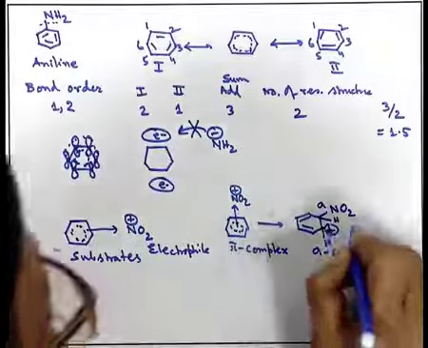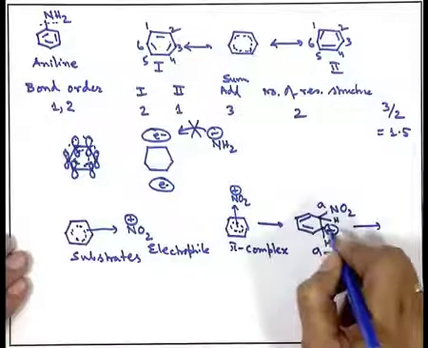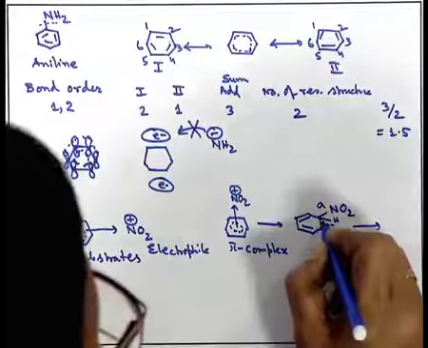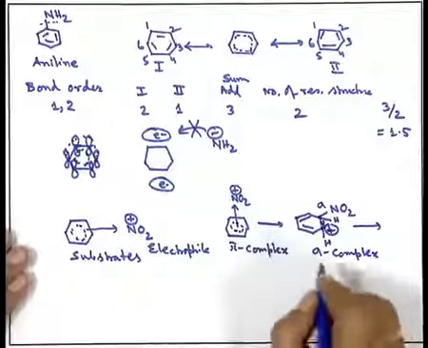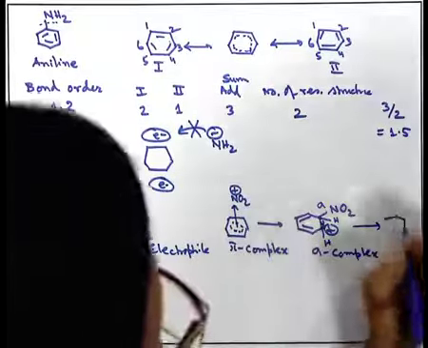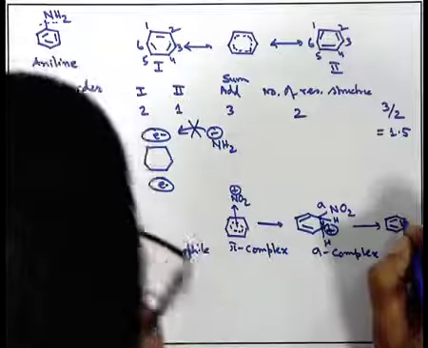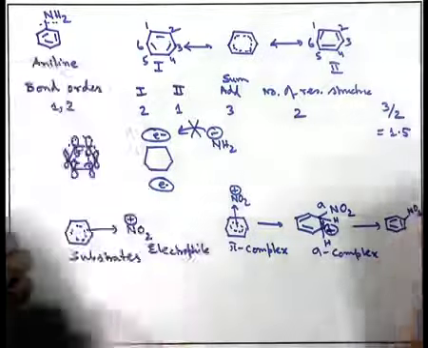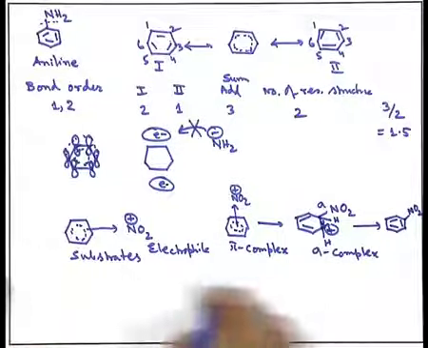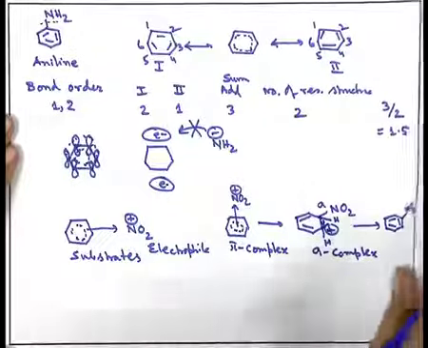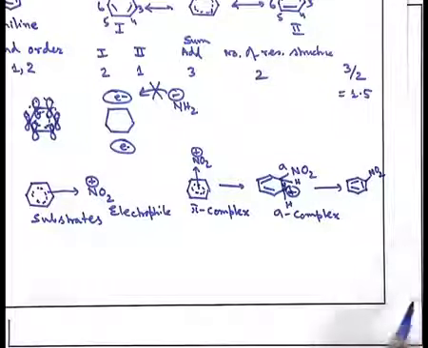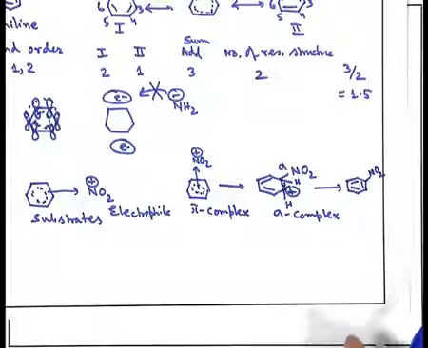Then what happens? The hydrogen atom is being donated to regain the aromaticity. So, the benzene ring is now gaining its aromaticity and the nitro group is directly attached. So, what we see from this figure is that if I treat benzene with NO2 plus, I will get a pi complex where the benzene ring is the donor, NO2 plus is the acceptor.